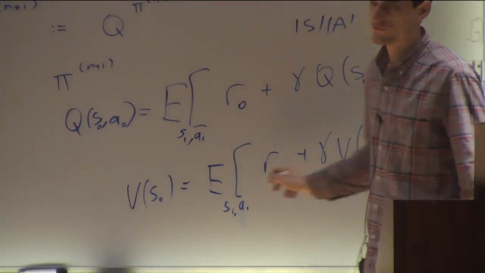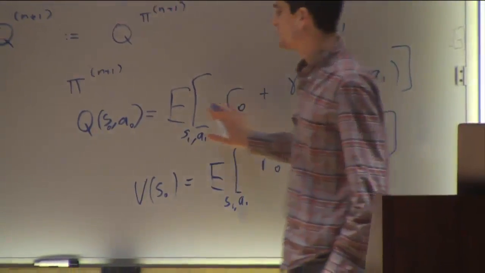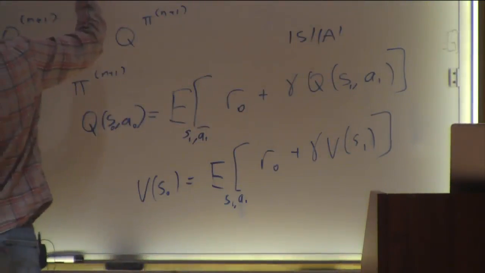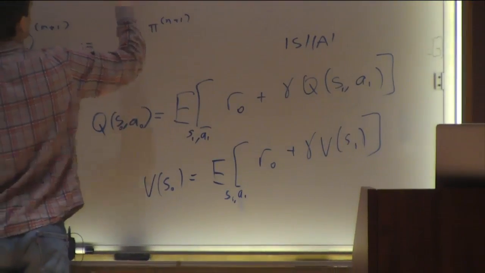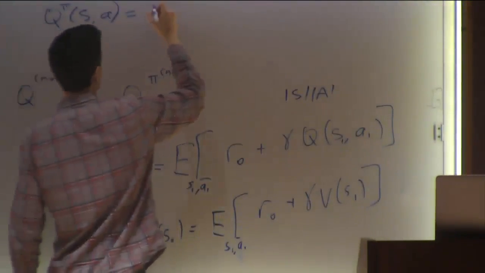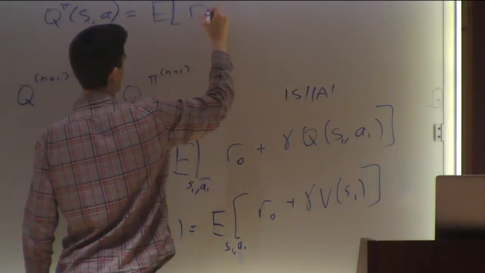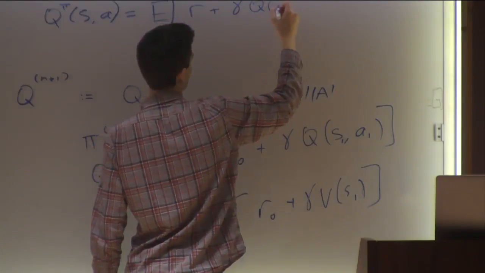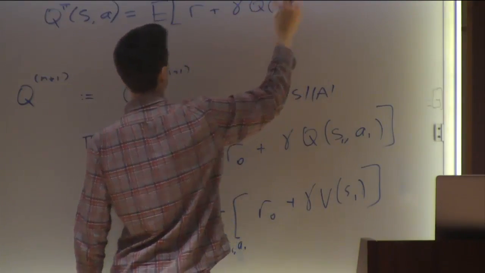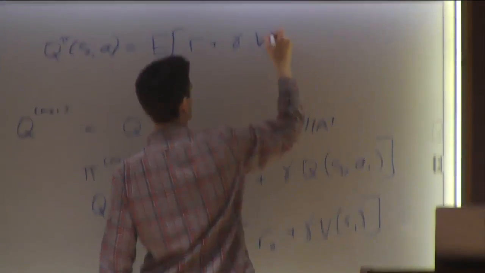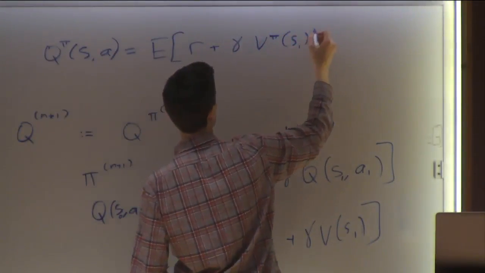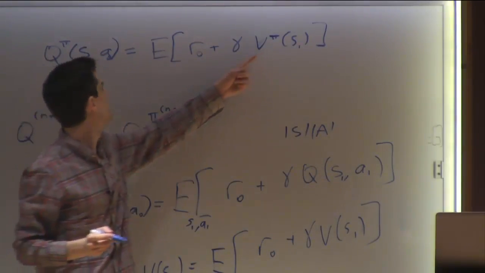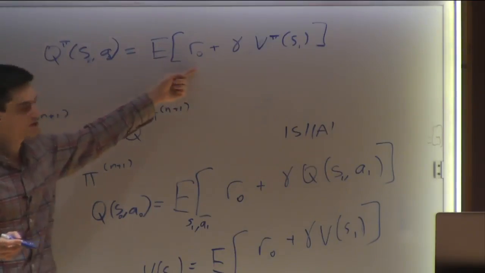And once we compute v pi, we can then compute q pi, because q pi of S, A equals the expectation of reward plus the next value, plus v pi of S. So I'll put time indices on this to make it a little more clear. So if we've got v pi, we can compute q pi using this formula.